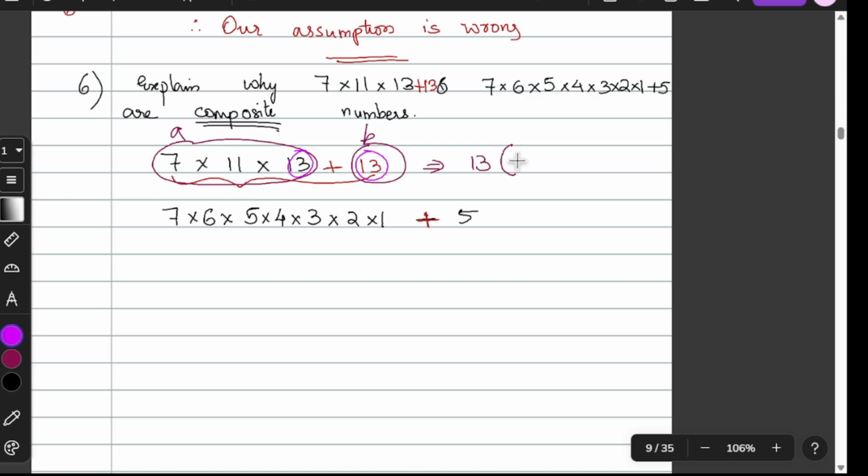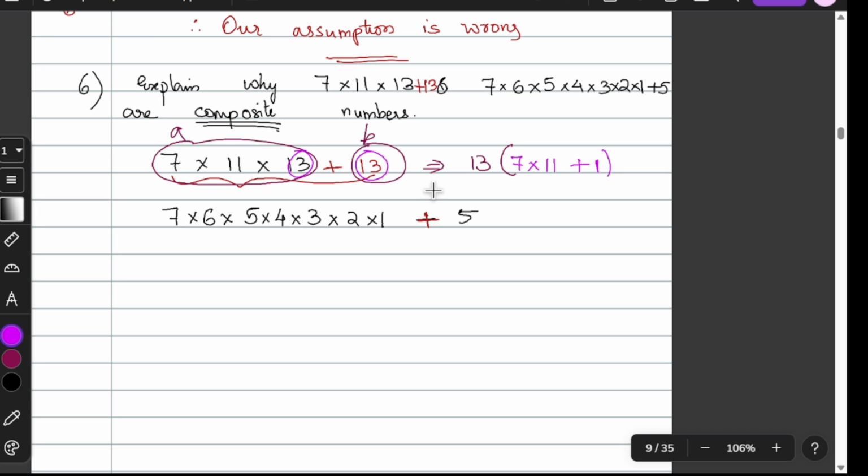What will be left over? In the first part, 7 into 11 will be left over. Then I put my plus sign. Then what is left over here? 1 is left over, since 13 into 1 is 13.